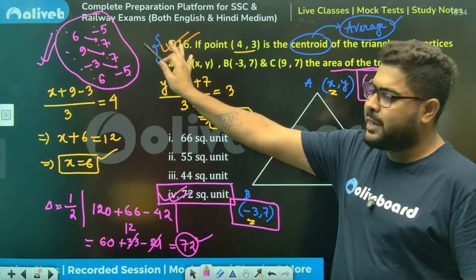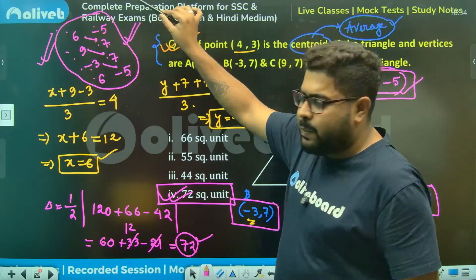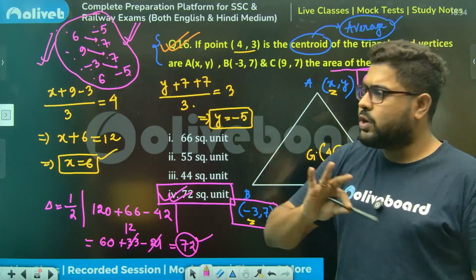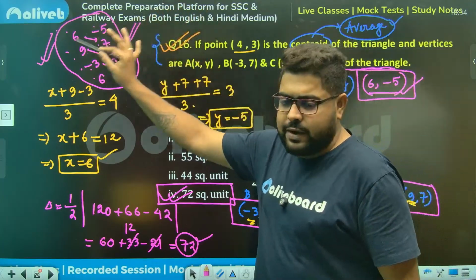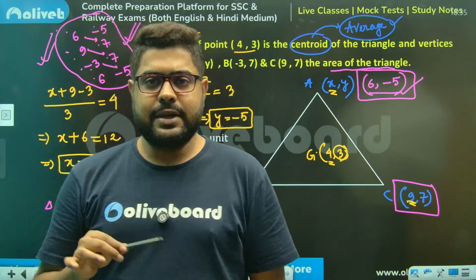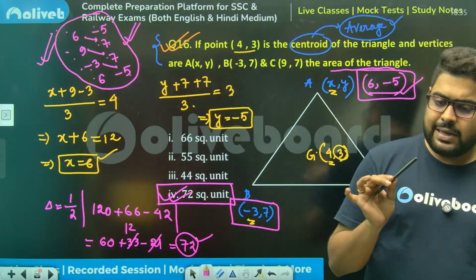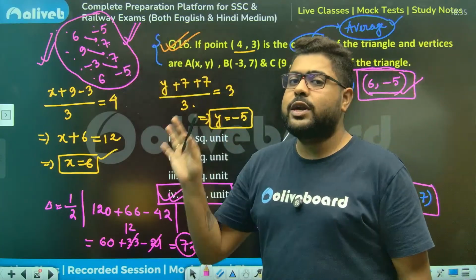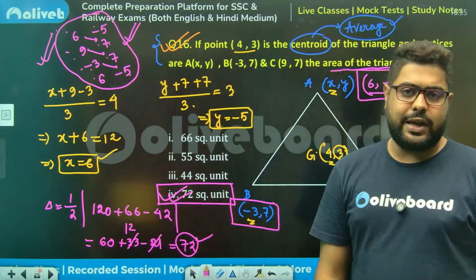That also comes from here only. But if you prepare the formula like this, you don't need to remember anything first of all. Another thing is you can figure out a polygon with any number of sides: triangle, quadrilateral, pentagon, hexagon, anything. So this is a much more well-rounded way of figuring out area.